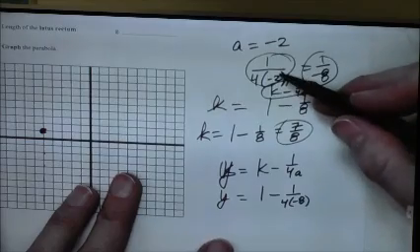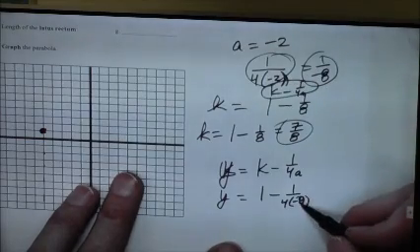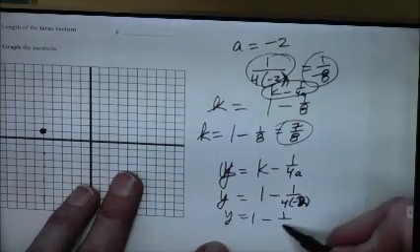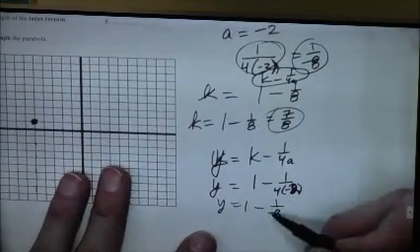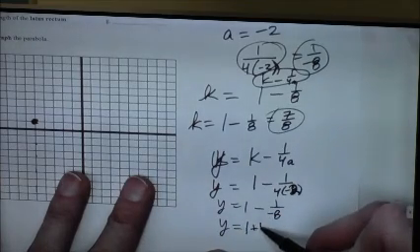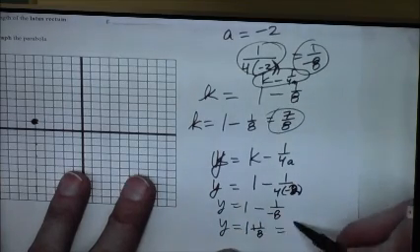That's what we did here. 4 times -2 becomes -8, and then it becomes 1 over -8. y equals 1 minus 1 over -8. Oh, we've got two negatives that will cross out. y equals 1 plus 1/8, which is simply 1 1/8.